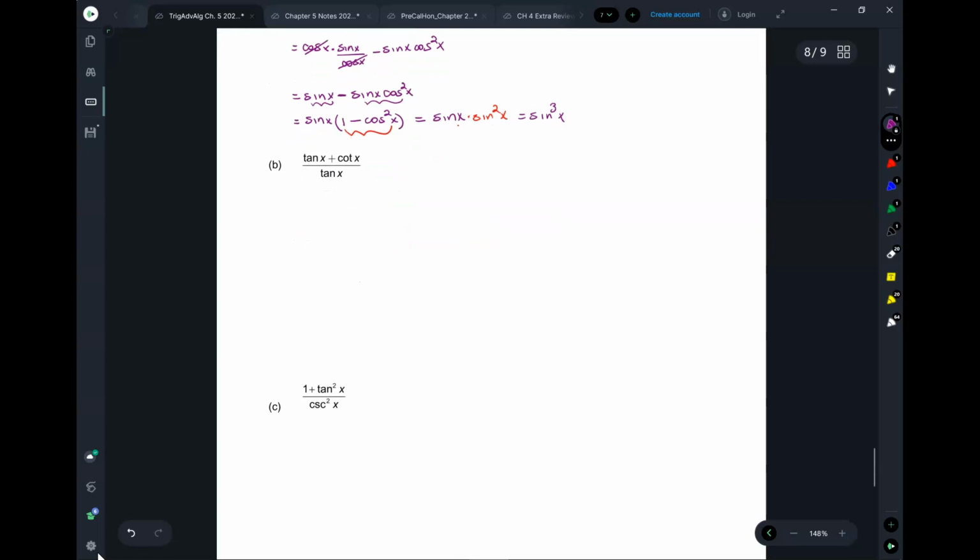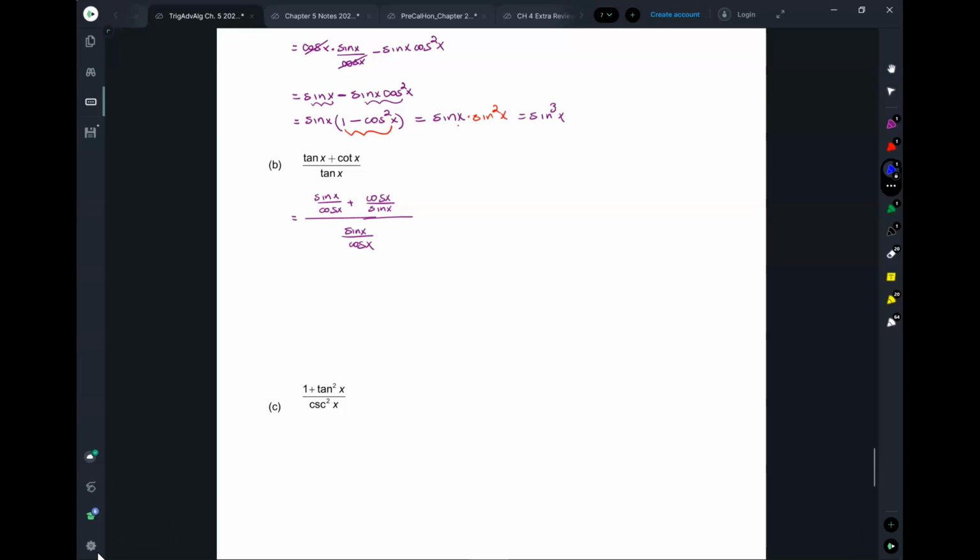Okay, next. Here, I have tangent x, which is sine x over cosine x, plus cotangent x, which is cosine x over sine x, all over tangent x, which is sine x over cosine x, all from the box. Now in the numerator, I have to add two fractions, but they have different denominators.